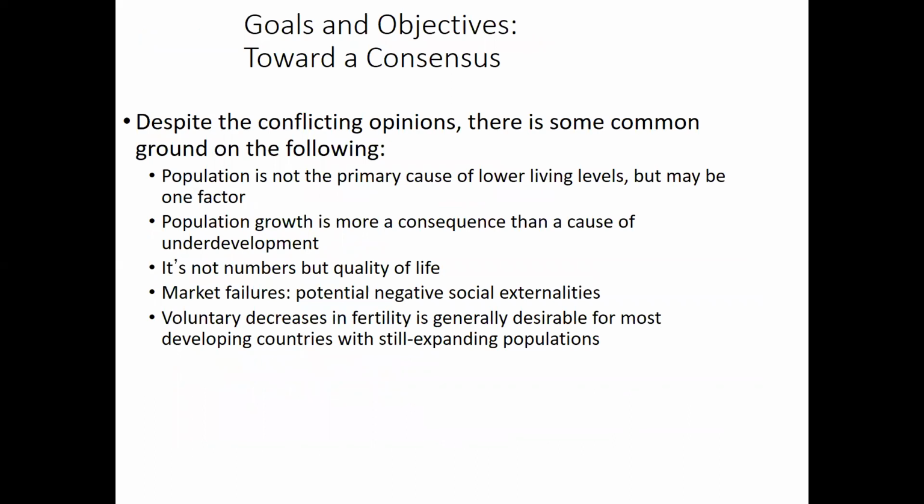So despite the conflicting opinions, there is some common ground. Population is not the primary cause of lower living standards, but maybe a factor. Population growth is more a consequence than a cause of underdevelopment. Once again, it's not the same having population growth in Canada as having population growth in the Democratic Republic of Congo.